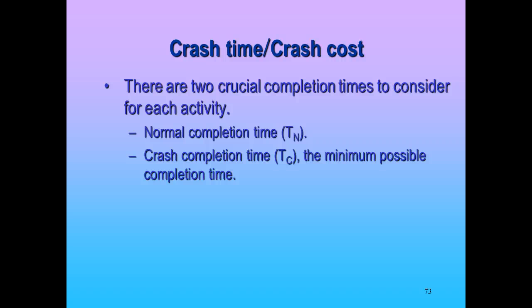Now, each of these has a point where I can keep adding resources to it, and it's going to reduce its completion time. So let's say the furthest I could crash activity A down, it can be done in 5 days, but it's going to cost me $2,000, an extra $1,000, right?